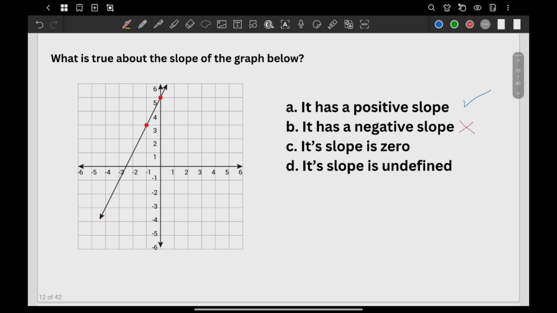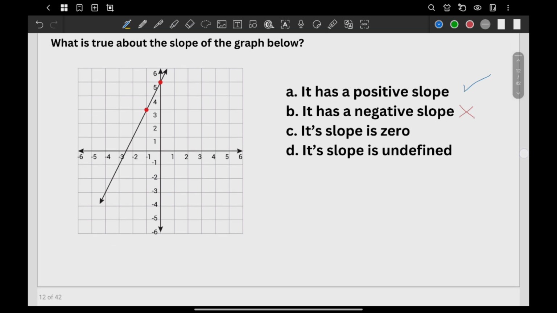Its slope is 0. About that one, let's compare the four slopes: positive, negative, 0, and undefined. I will just throw it on the right side so that we can compare them. But again, the answer here is already letter A, right? But just to show you, this is how it looks. When you say positive slope, the graph would look like this.